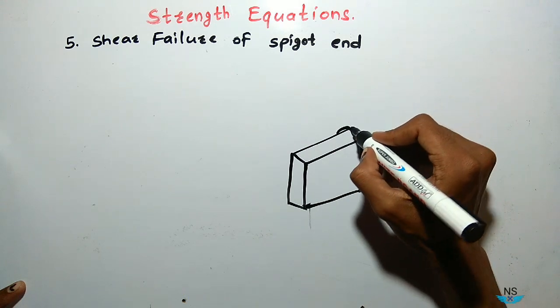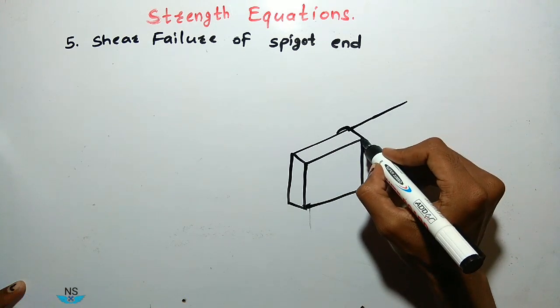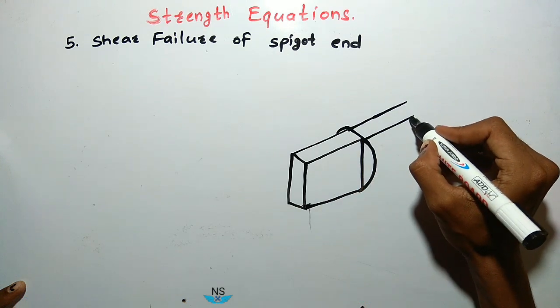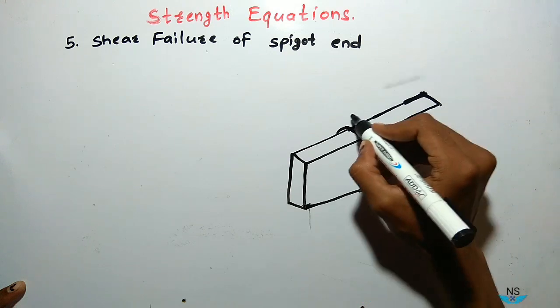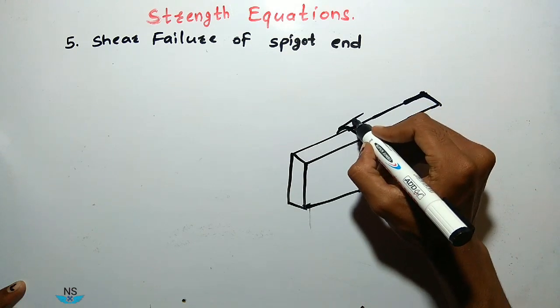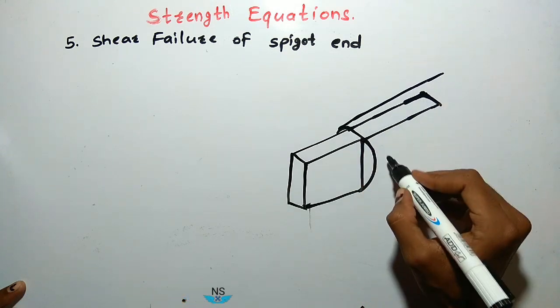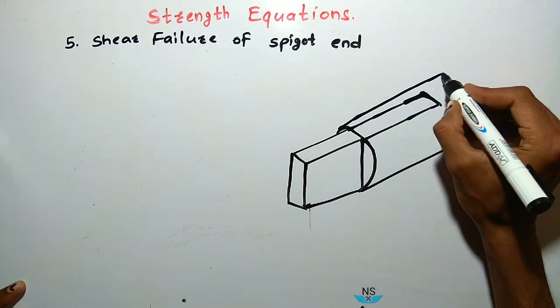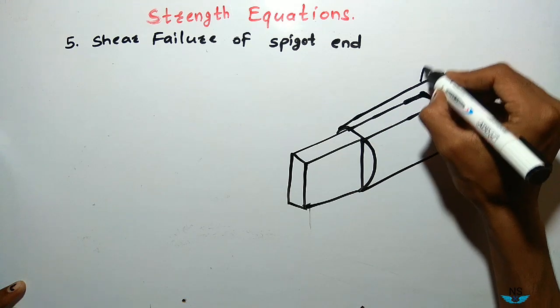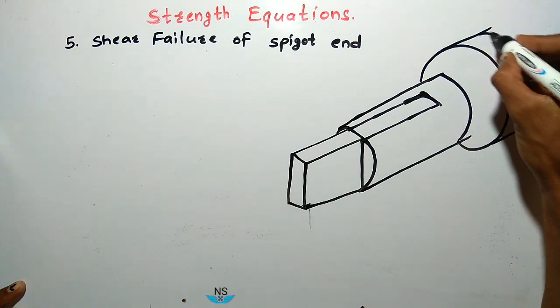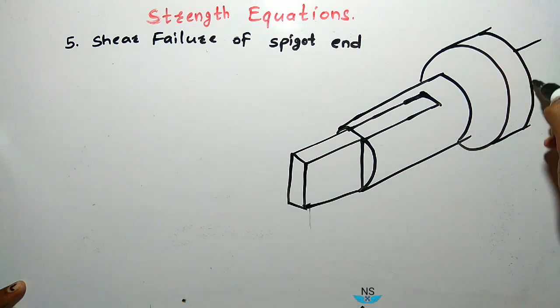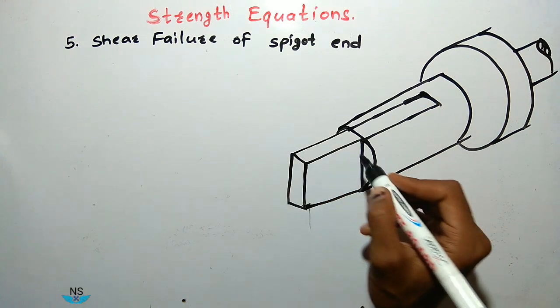It looks like this. This is the slot, spigot, collar and this is rod.